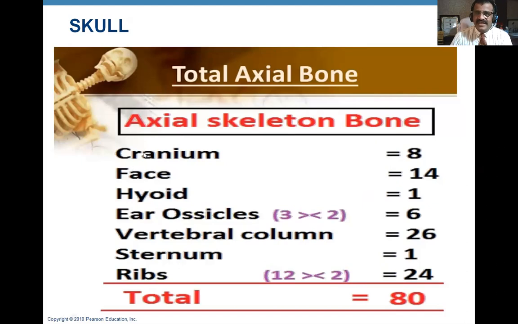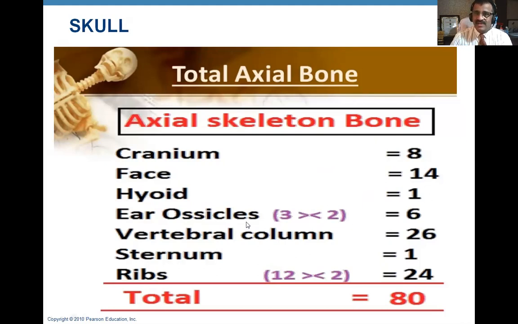You have to take cranial bones 8, facial bones 14. So they become 22 bones once again. So you have to keep the number 22 in mind, including the mandible. Then you add the hyoid, it becomes 22 plus 1, 23.